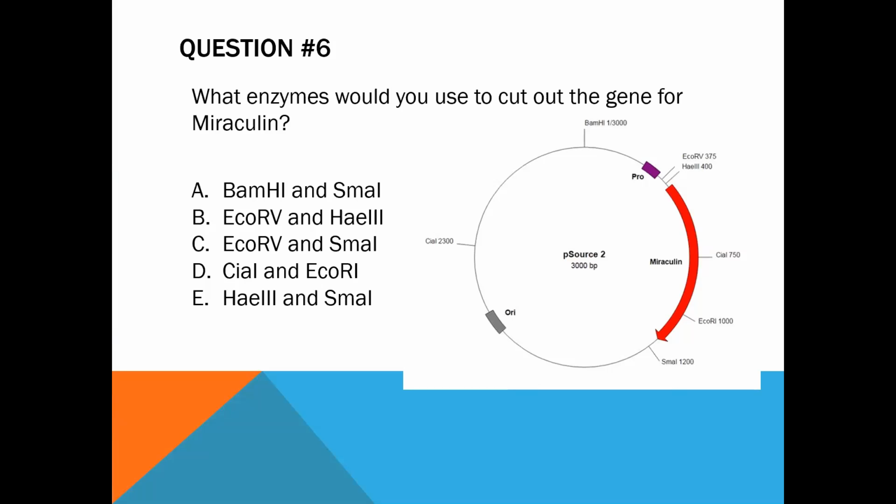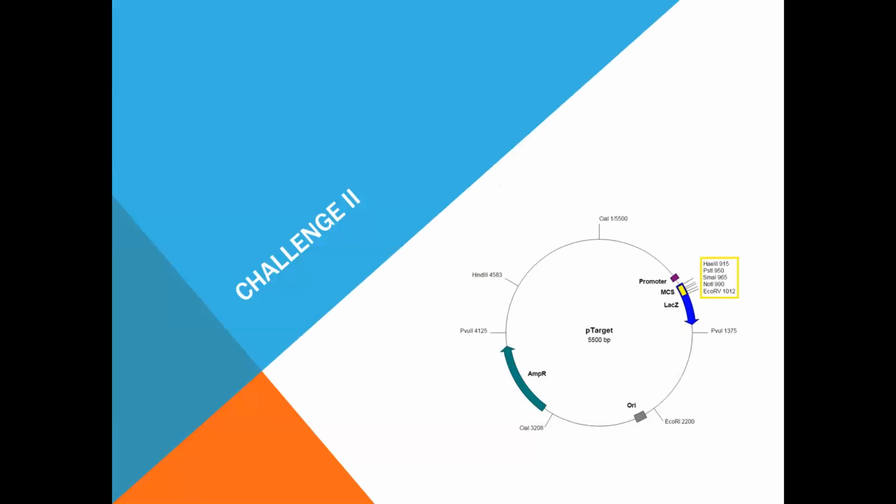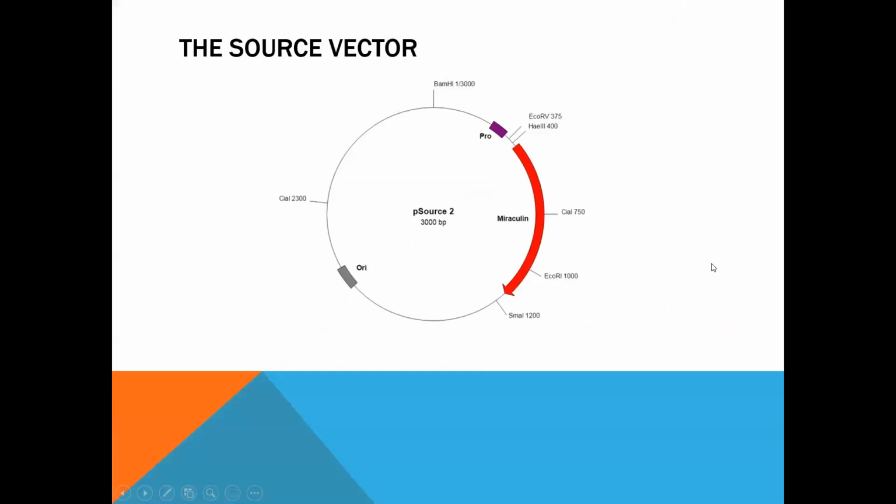So to cut the gene, what enzymes would you use to cut out the gene from miraculin? So we can look, and now we have 2 choices. EcoRV, HindIII are right here at the beginning, and then SmaI is down here. So I'm going to tell you the secret now is to go look at P target, and because you could go, let's see, what was one?